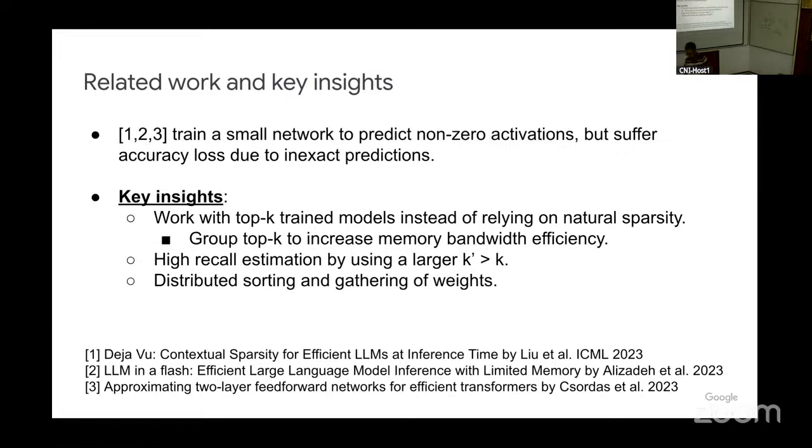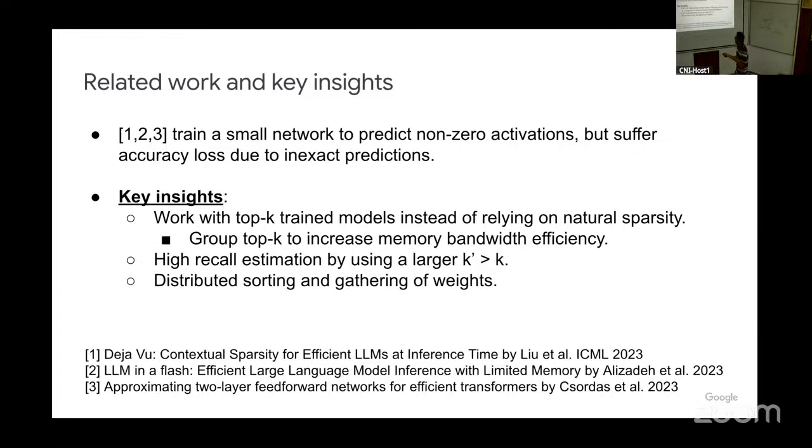Yeah. So there have been some earlier works where people have tried to train a small network to predict non-zero activations, and most of them end up suffering some amount of accuracy loss due to inexact predictions, because they directly try to predict exactly what are going to be non-zeros.